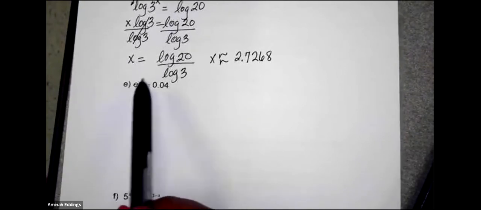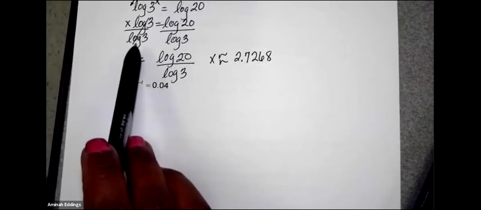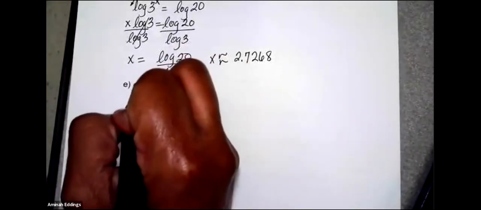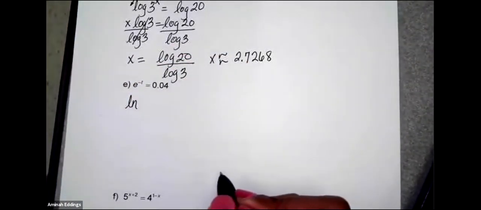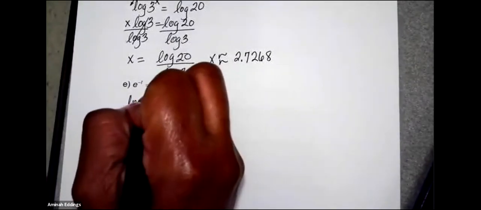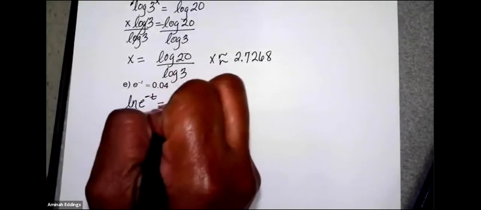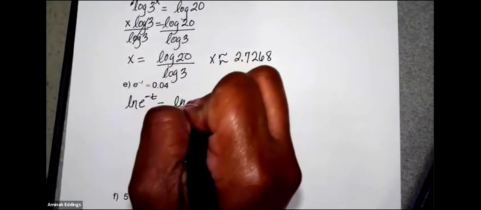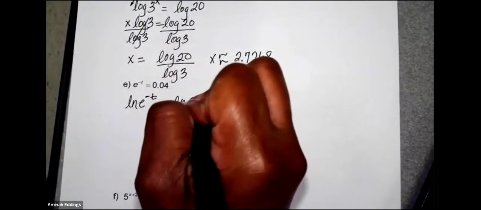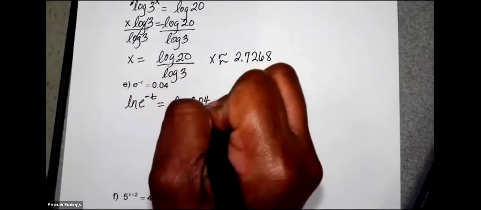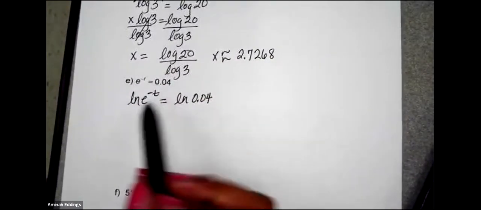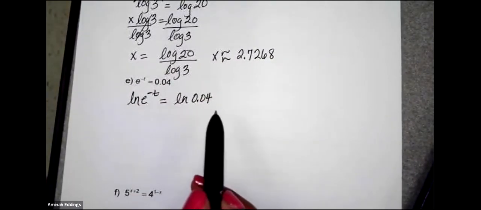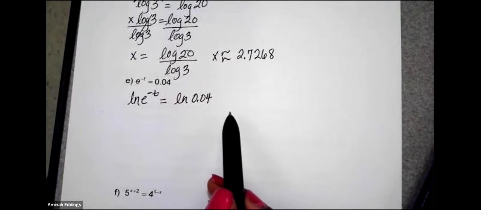Because I have a base of e instead of log, this is when I will use the natural log. So natural log of e to the negative t is equal to the natural log of 0.04. And just remember, whatever I do to one side, I have to do to the other to keep it balanced.